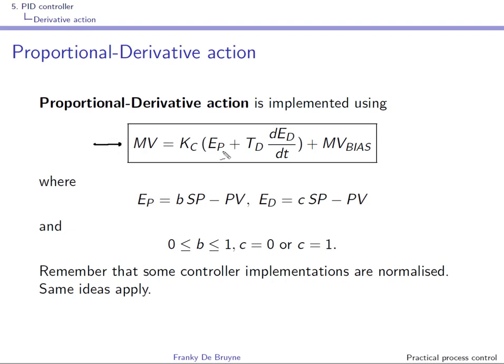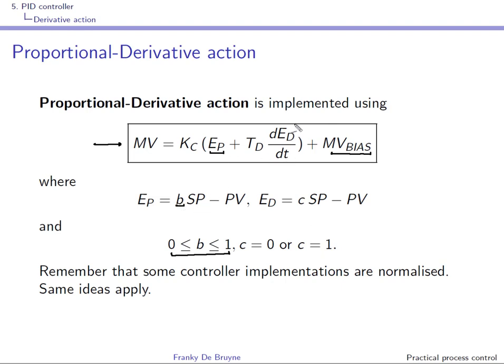Here you recognize the proportional action with the proportional error and the bias, and the parameter B that is between 0 and 1. Remember that this B can be used to reduce, or to remove if you take B equal to 0, the proportional kick that results from a set point change.